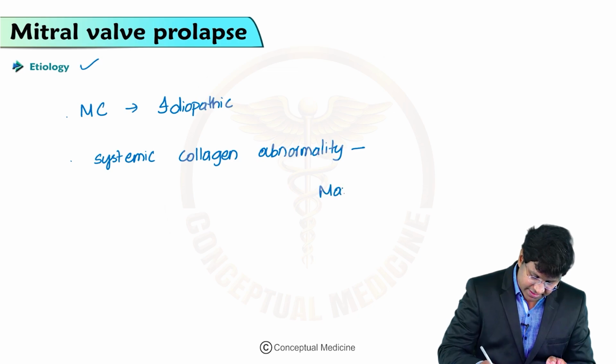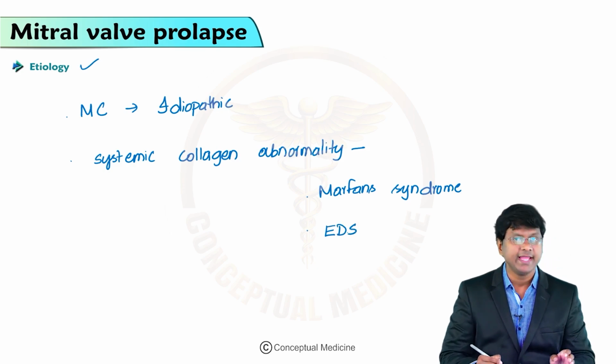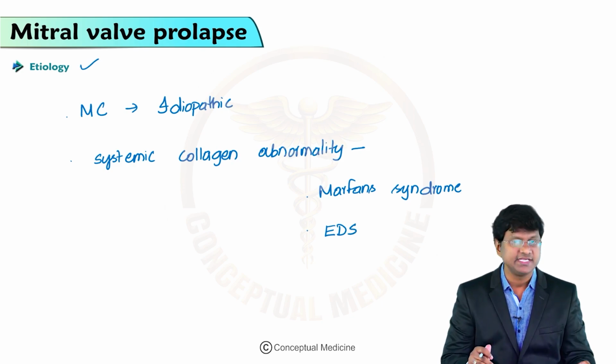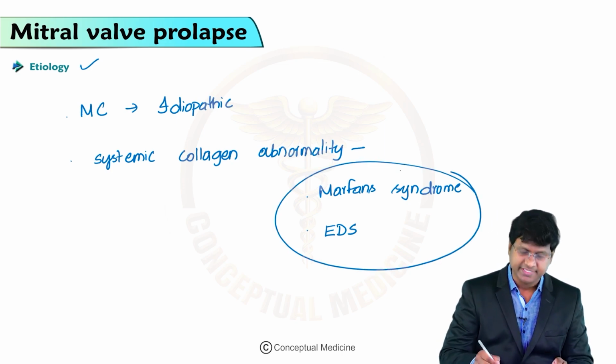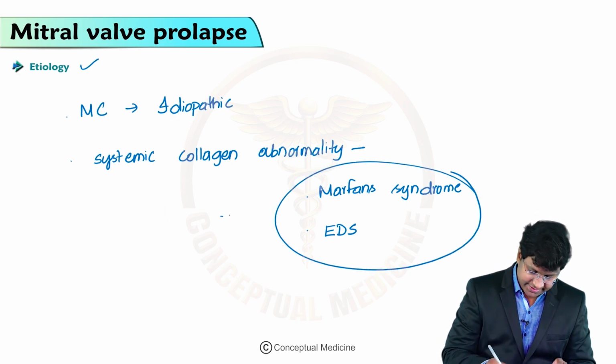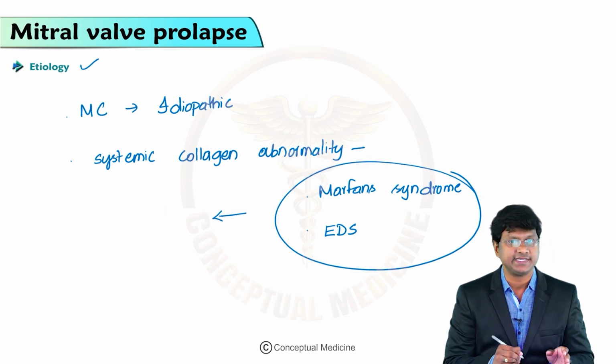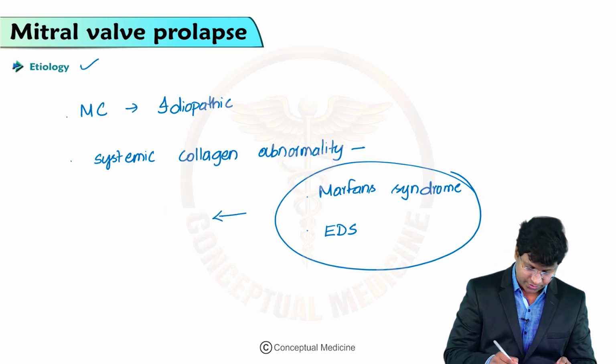That includes Marfan syndrome, and second, Ehlers-Danlos syndrome. So these etiologies can contribute to the development of mitral valve prolapse. And in these conditions, not only the mitral valve abnormality, there can be a coexistent dilated aortic root.